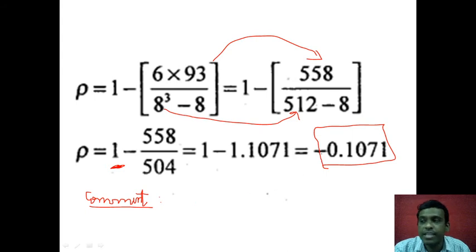Negative because it has a negative sign, and very weak because it is very close to 0. If it is less than 0.3 it is weak, between 0.3 and 0.7 it is moderate, above 0.7 it is high. So it is weak, or because it is very close to 0 you can also say it is very weak. So it is a very weak negative correlation. This type of correlation does not have any significance.